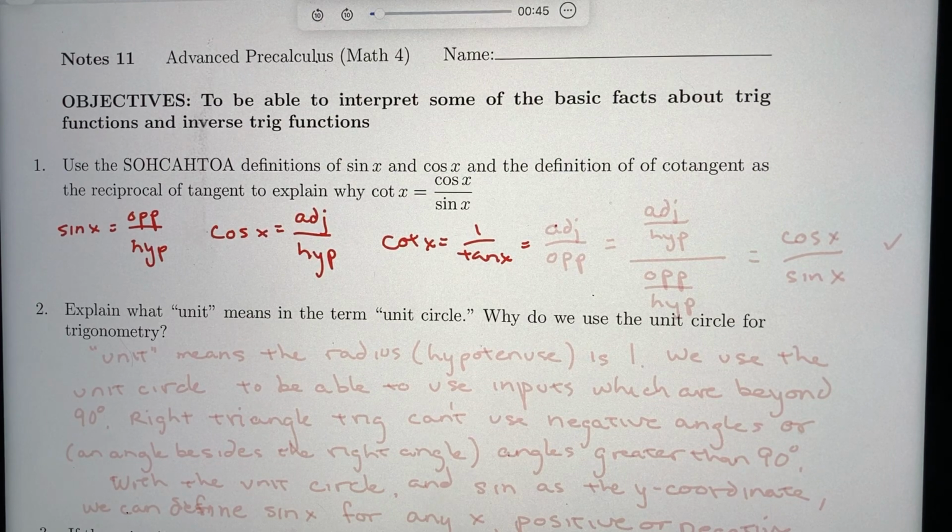So tan is opposite over adjacent, so the reciprocal is adjacent over opposite. And if I do divide the top and bottom by hypotenuse, I get what I want.